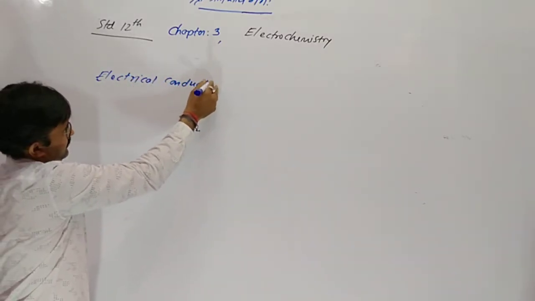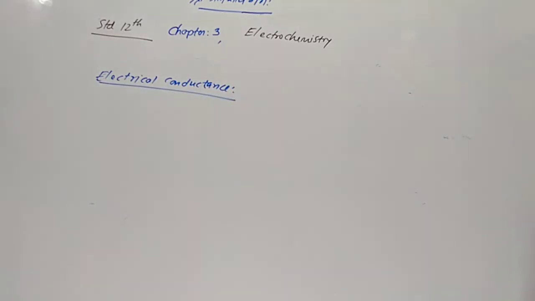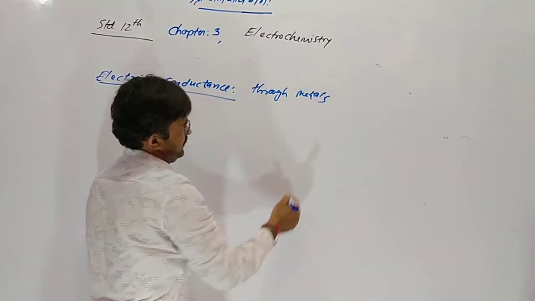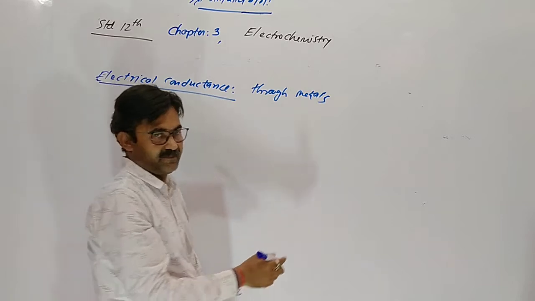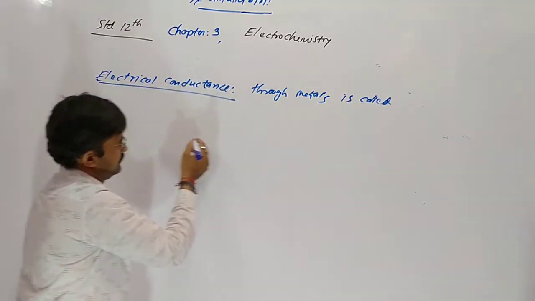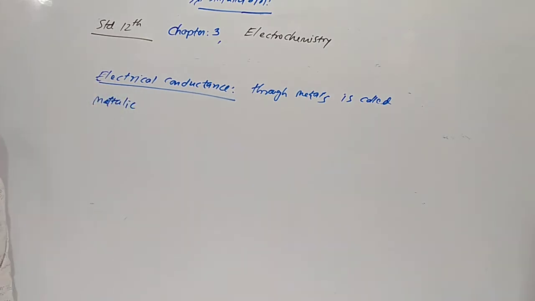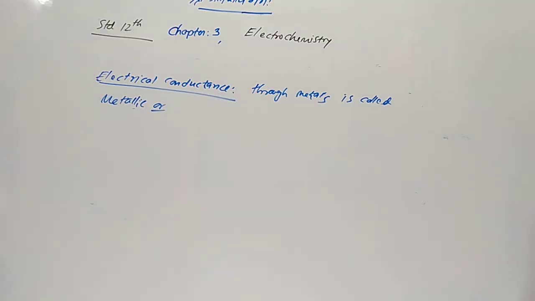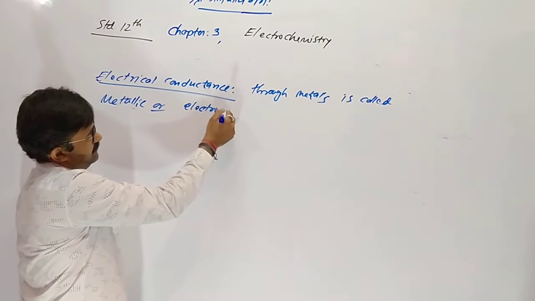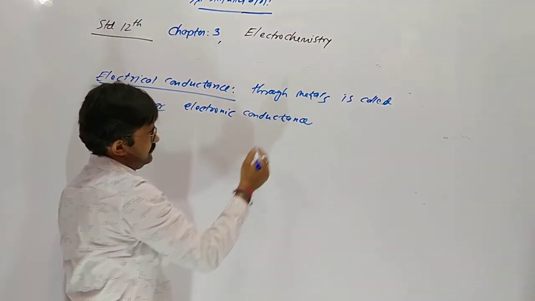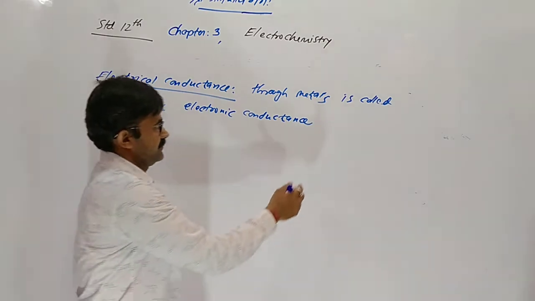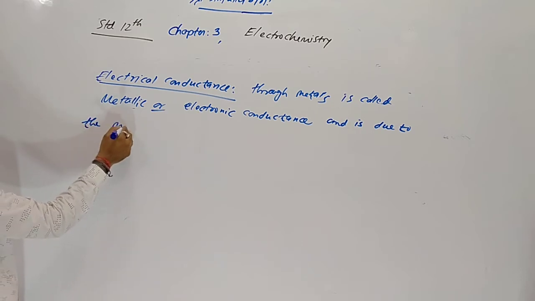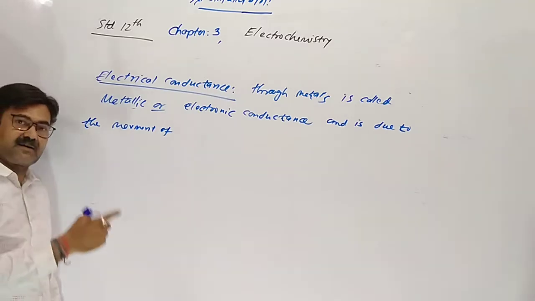Electrical conductance through metals is called metallic or electronic conduction, and is due to free electrons, due to the movement of electrons.